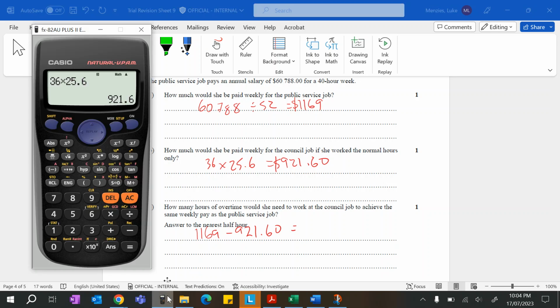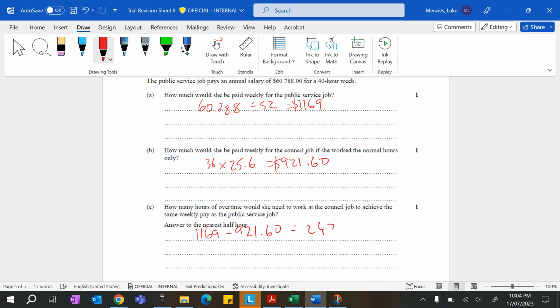Let's do that. We can use the answer button, which would be really handy here. Save us typing something in twice. So $247.40.